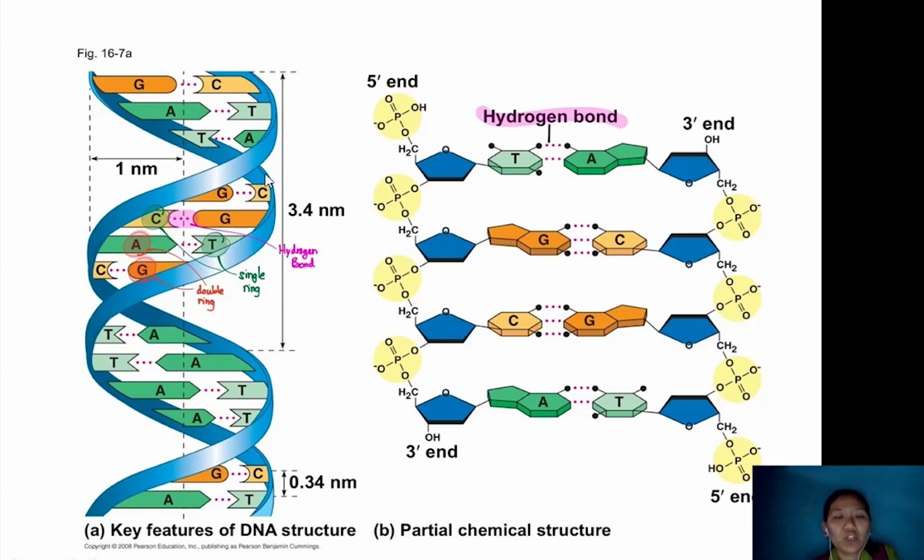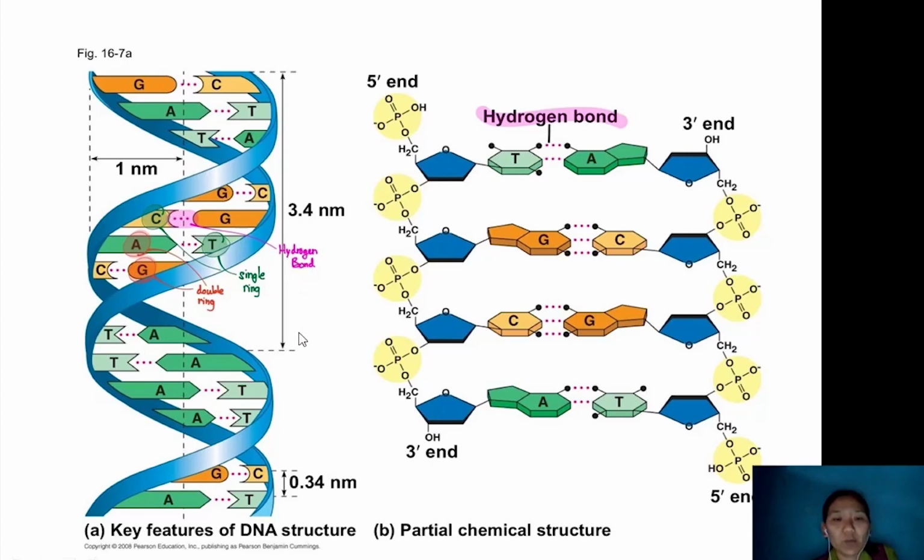So there should be 10 base pairs, and the space it occupies is 3.4 nanometer. One turn is also called the pitch.